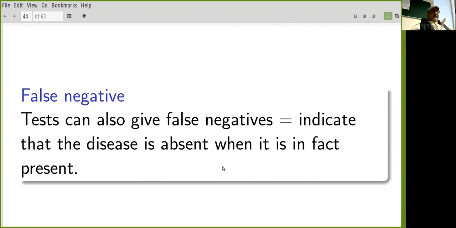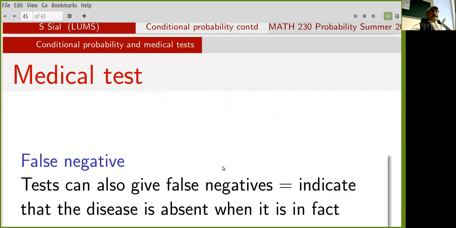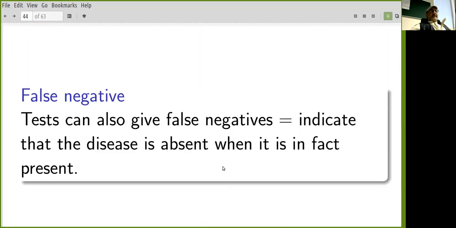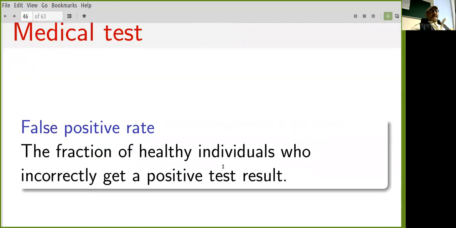And you might be given the probability of a false positive or a false negative with this test.